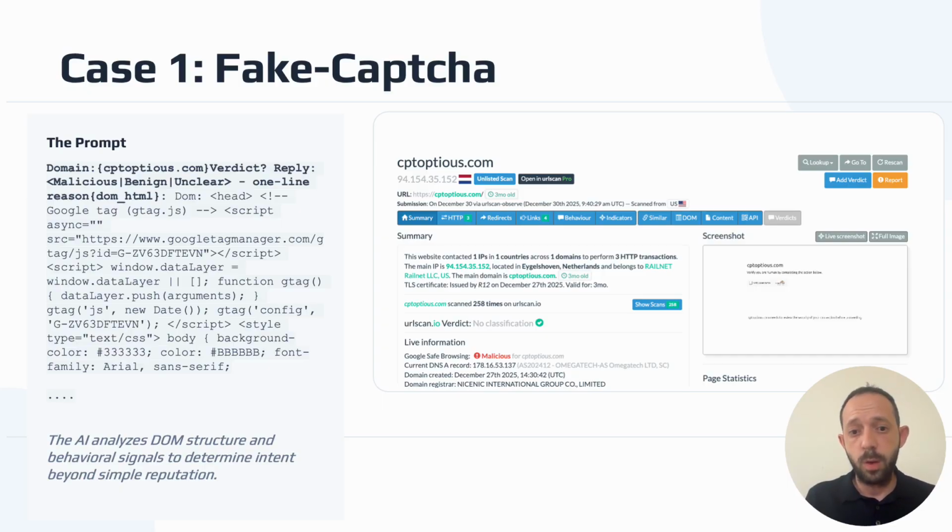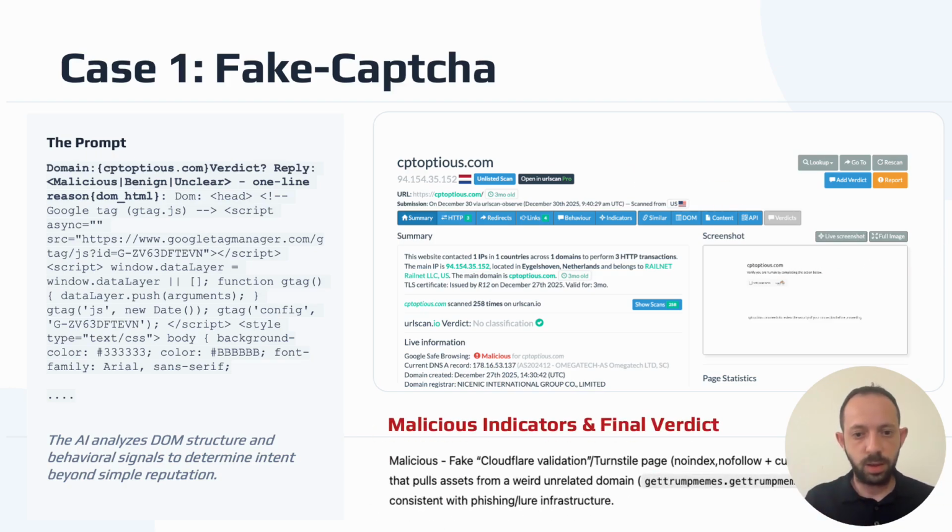I don't know why this domain is considered malicious, and I need to investigate it. But if I send it to my AI prompt and use the AI to investigate it, I will very, very fast get the reason that this domain is malicious.